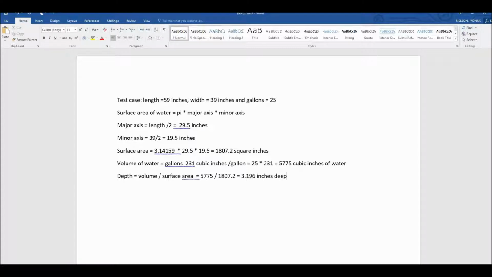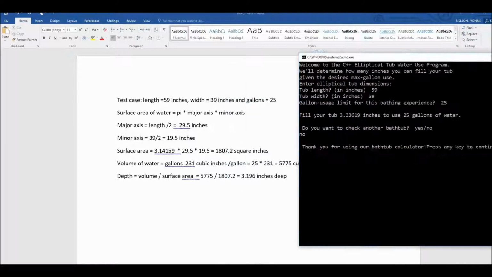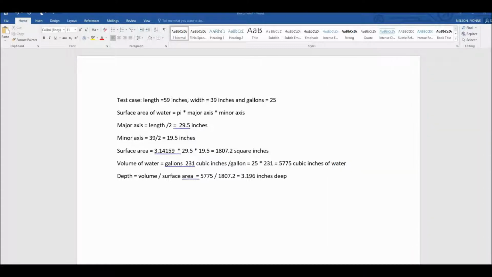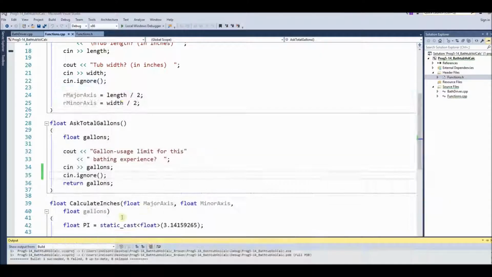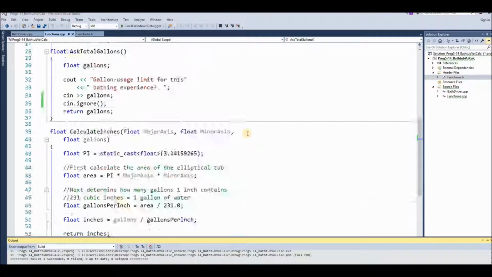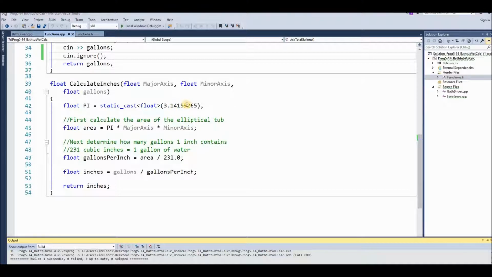Now, what was the answer we got last time? We got 3.336. Well, that's not a lot different, but it's a little different. Let's check our program and see what we used for pi. 3.1415.